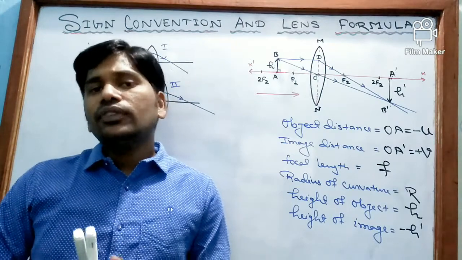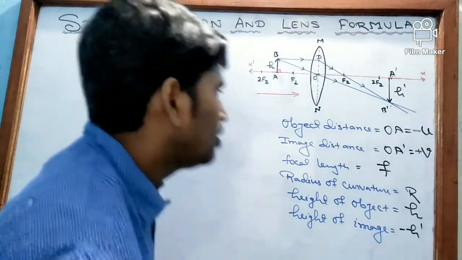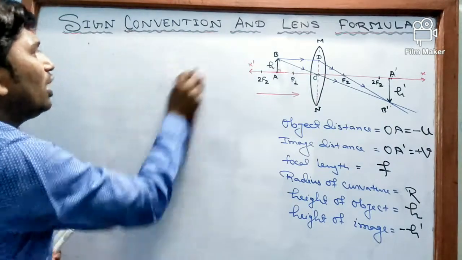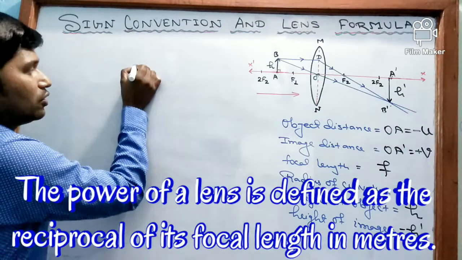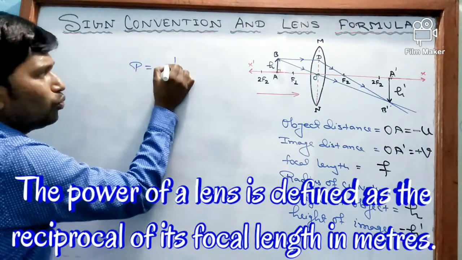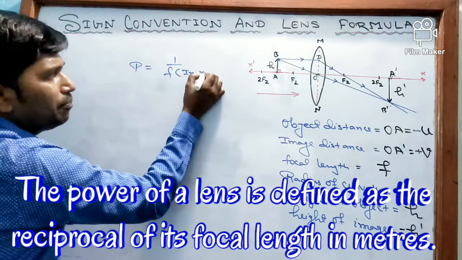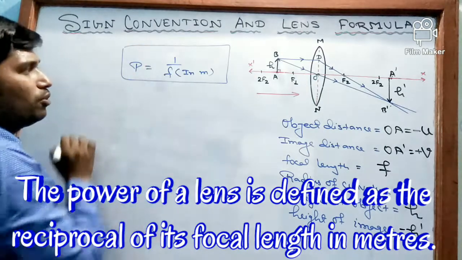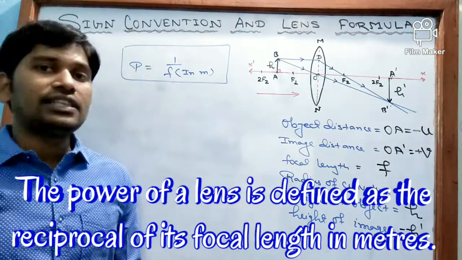We can also define power of lens as the reciprocal of focal length of the lens in meters. So P equals 1 by f, and f we always use in meters. This is the mathematical expression for power of lens.